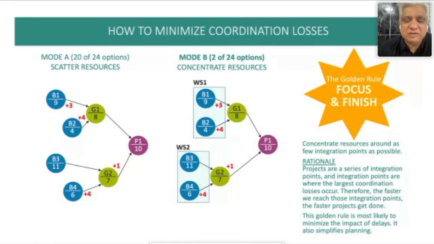Now let's look at one more piece, which is once I start thinking of my project in this way, do I care about how precisely and accurately I know my blue circles, blue dots in advance? Does it matter whether it is 2 dots or 3 dots? Does it matter whether it takes 9 days or 4 days versus 10 days or 5 days? Right? It starts mattering less and less.